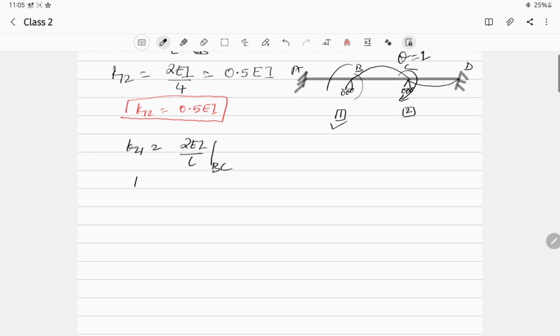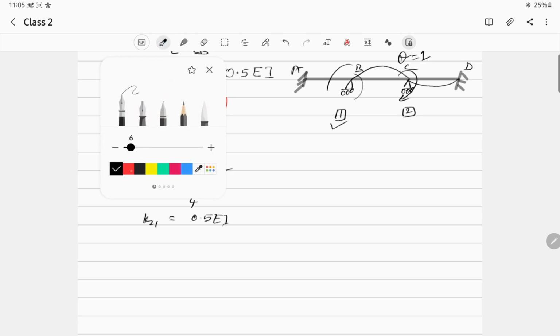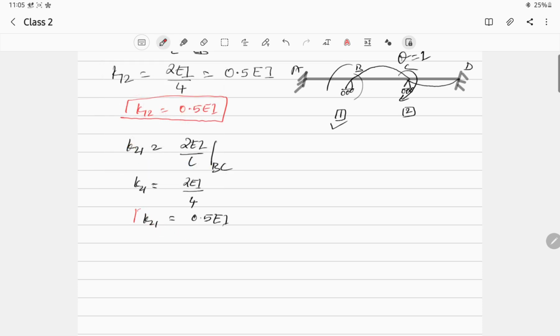So K21 is equal to 2EI by the span of BC, which is 4 meters, right? So K21 is equal to 0.5 EI. So we got this as 0.5 EI.